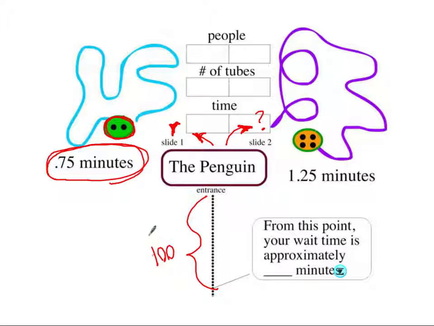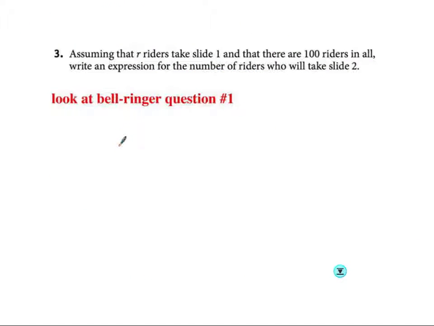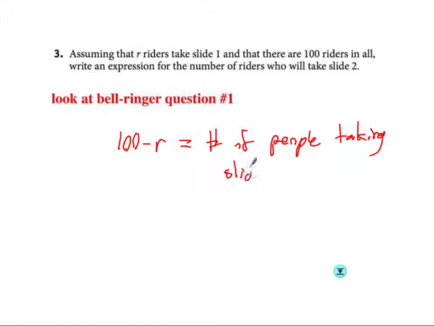Well, you just basically take 100, and if you subtract R, what are you left with? Well, you're left with the number of people who are taking slide 2. So 100 minus R is equal to the number of people taking slide 2.